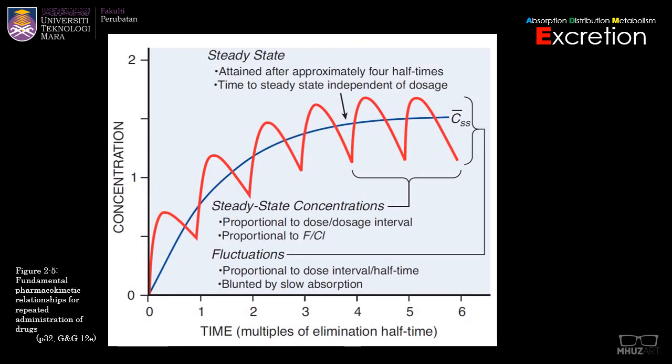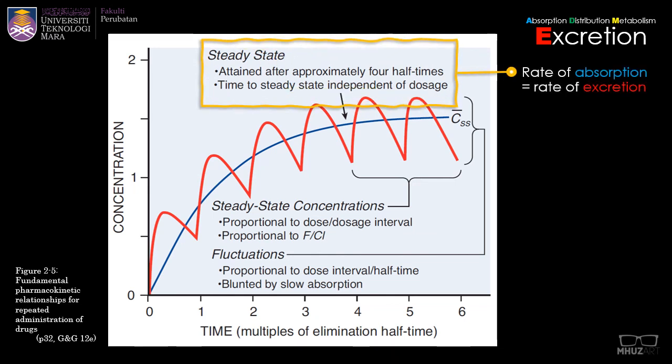which is depicted by this figure here, which I've taken from Goodman and Gilman's. So if you can see here, the steady state is obtained after about 4 half-lives, and the time to reach the steady state is independent of dosage, because as you increase the dosage, the half-life still is constant.